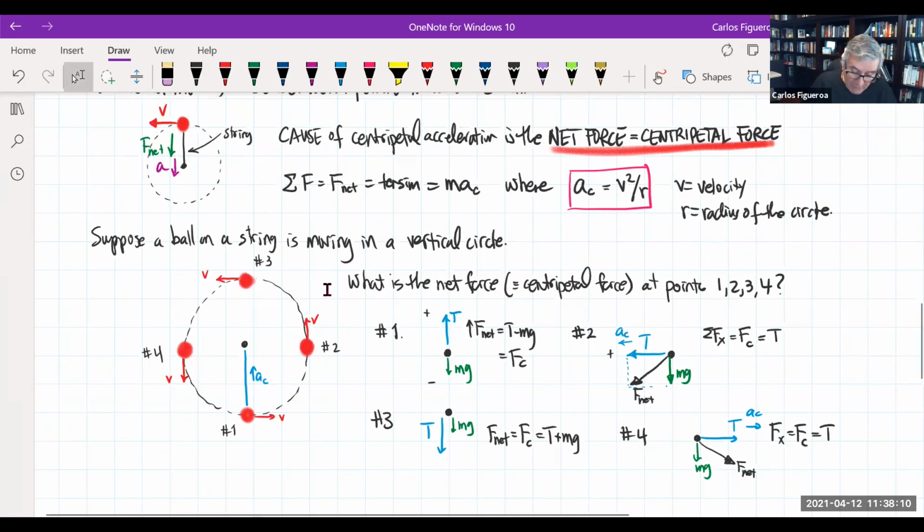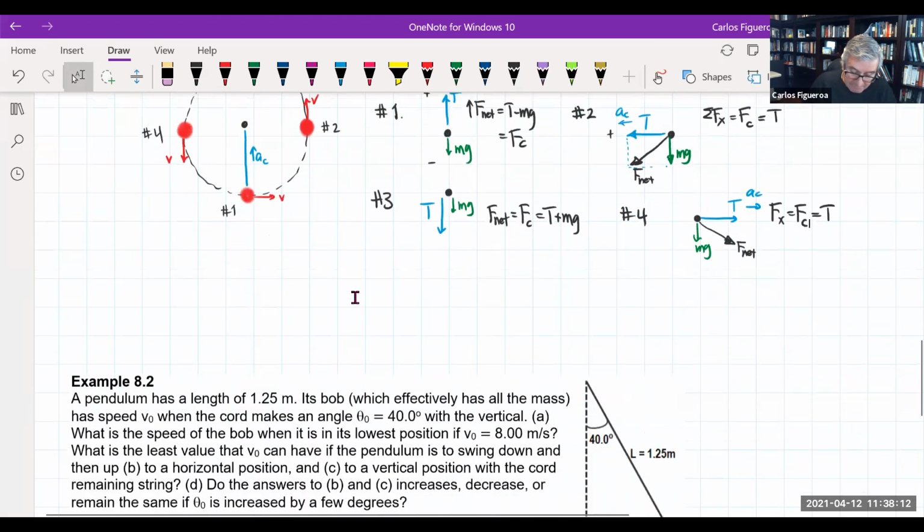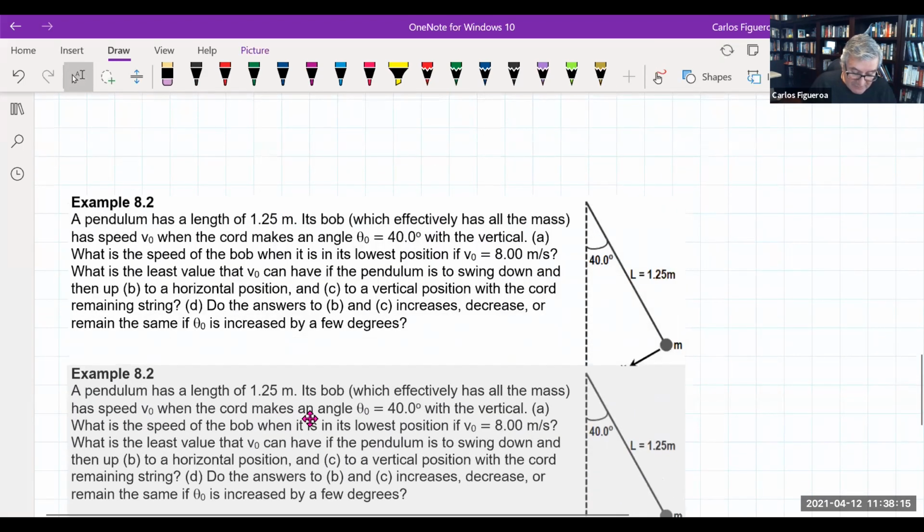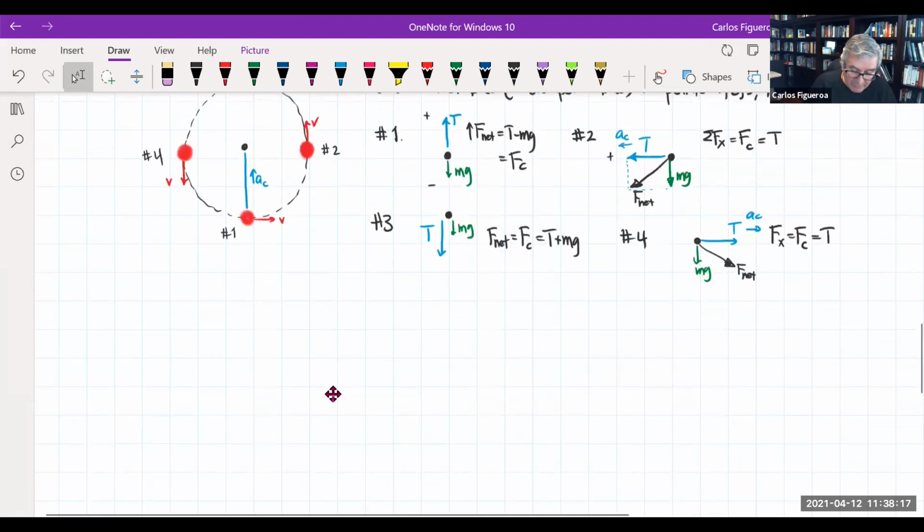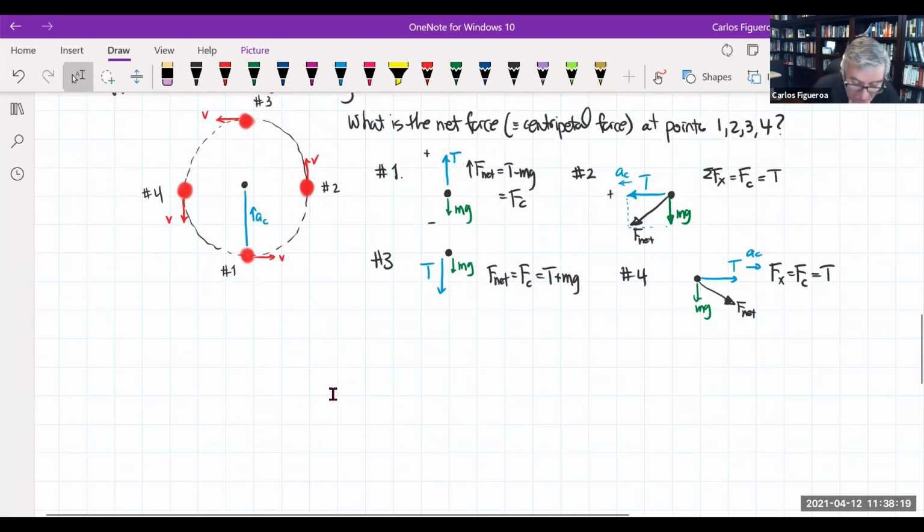But now I want to look at the physics of this thing here. And the physics of this thing, which is super important to hear, is that I want you to think about the ball moving up to the top.